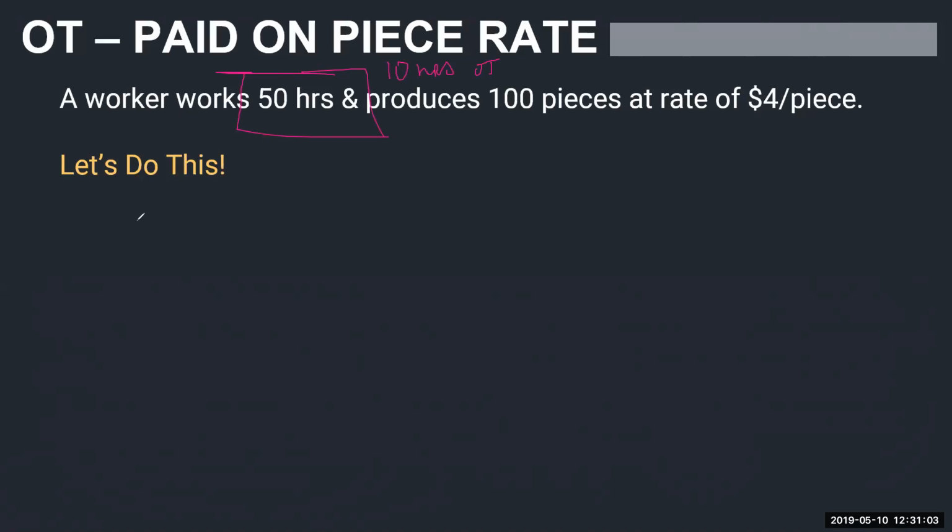First of all, I'm going to ask myself, what am I looking at total value, if you will? Not total pay, but total value. 100 pieces at $4 a piece. Basically, I'm thinking I just made $400 worth. But I'm paid by the hour. FLSA says I'm not just going to get paid $400. It's kind of like illegal. I'm a non-exempt employee.